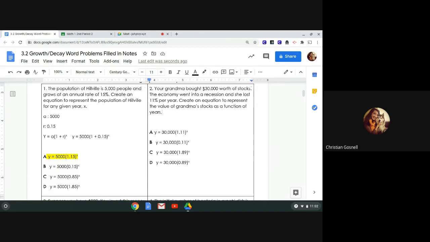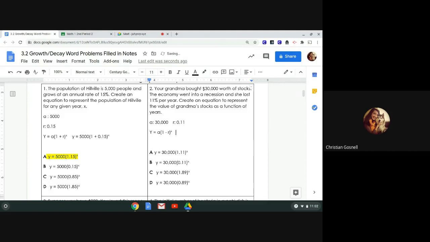Same as the other example, I identify a, the start, which is 30,000. My r is 11%, which as a decimal is 0.11. This says she lost money, so you should use the decay equation: y equals a times 1 minus r to the x power.